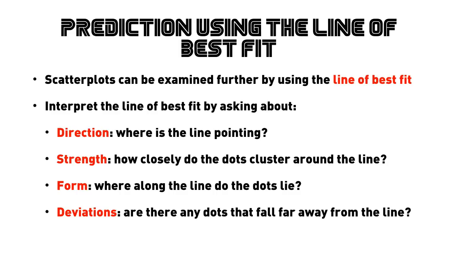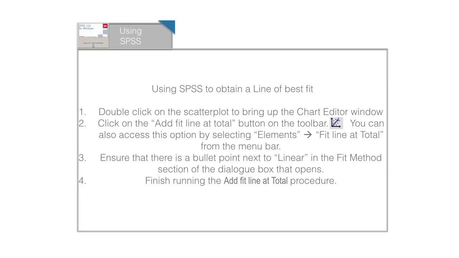Now, scatterplots can be examined further by using the line of best fit. This allows us to fit a mathematical formula to our data to give some indication of direction, strength, form, and deviations. You can generate a line of best fit in SPSS by double-clicking on a scatterplot to bring up the chart editor and clicking on the Add Fit Line at Total button on the toolbar, which looks like this.